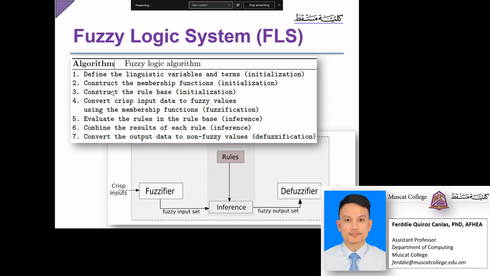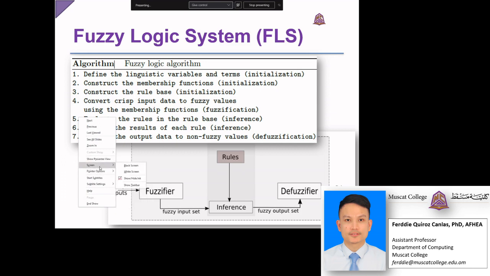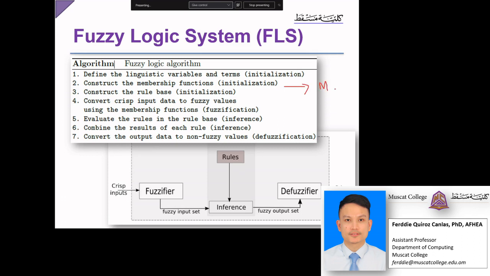And then after this, you will construct the membership functions. And let me remind you, friends, that in this process you are required to do some mathematical manipulation. So some maths are required here for the membership functions. Then after you perform the membership function, you will be constructing the rule base, okay?